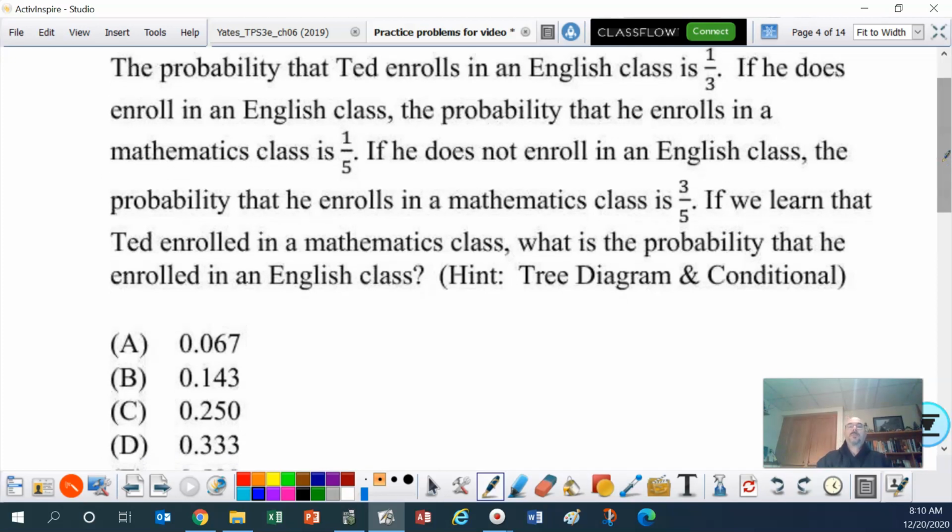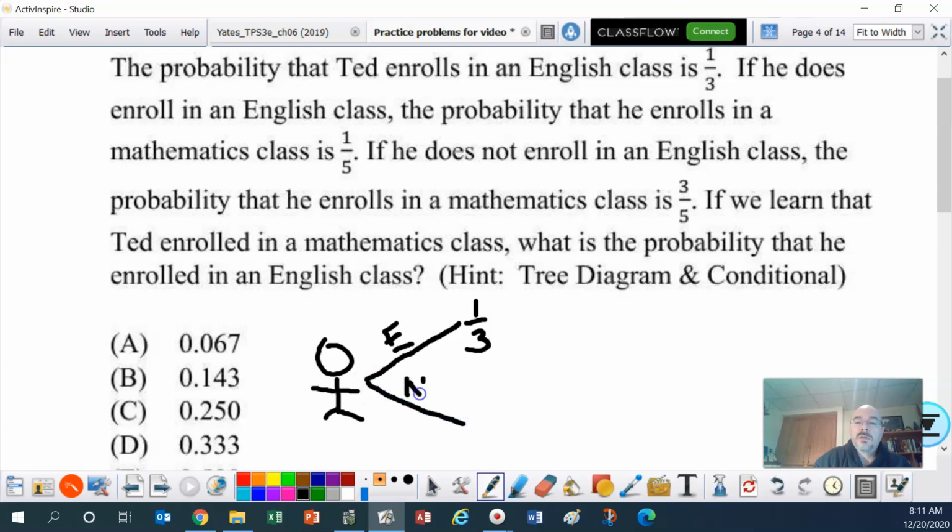Okay, well, let me draw my little stick person here for Ted. All right, so here's Ted. Now, Ted might take the English class, and again, the probability of that is 1/3. That means not an English class is 2/3.